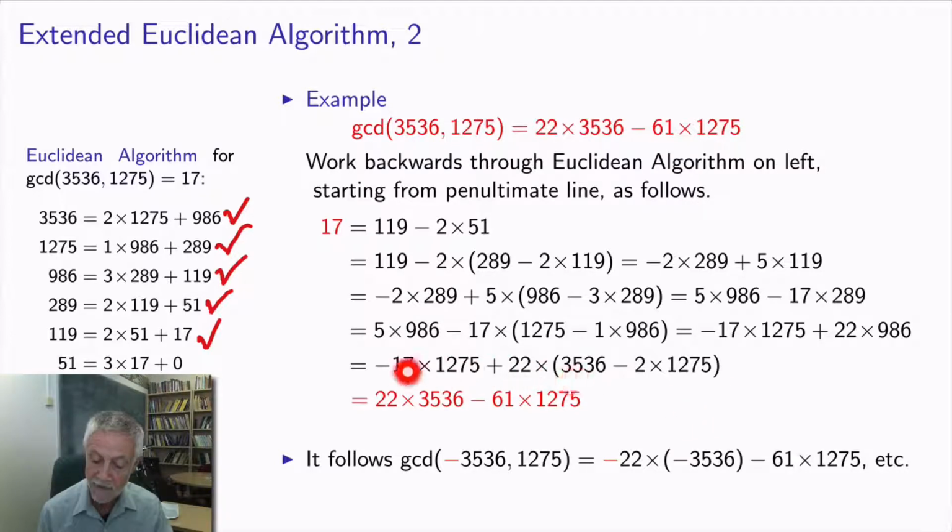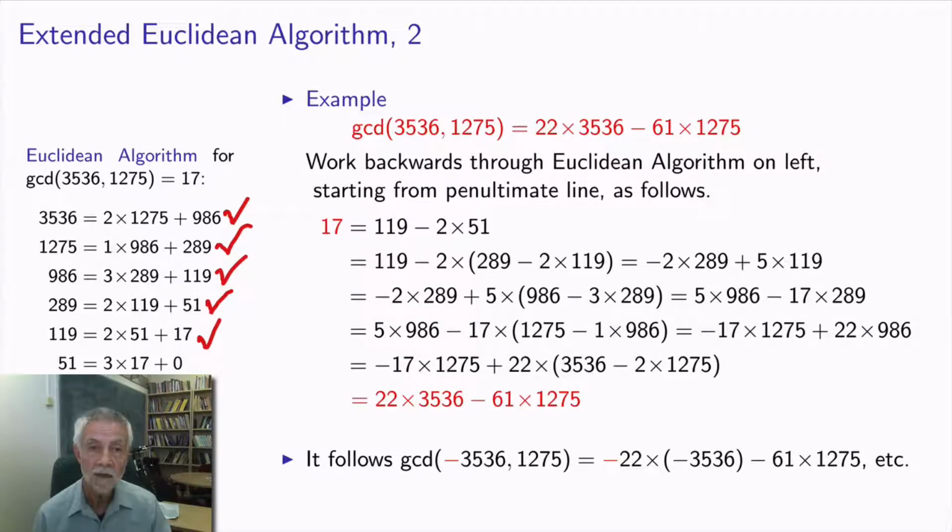So we end up with what we want by working backwards through the Euclidean algorithm, that the greatest common divisor, 17, is 22 times 3536, that's this, minus 61 times 1275. And that's our result. So we've now shown that.